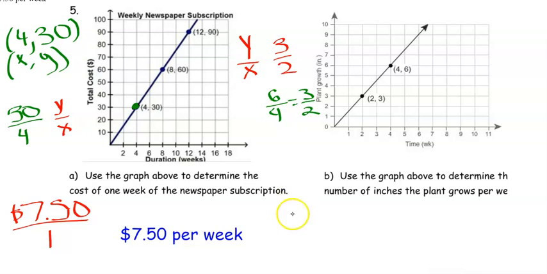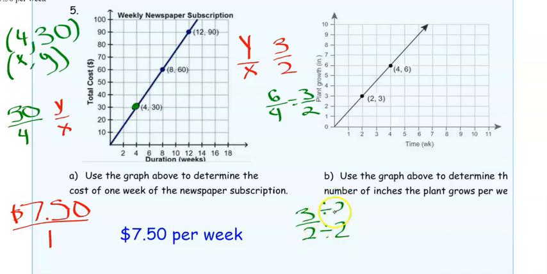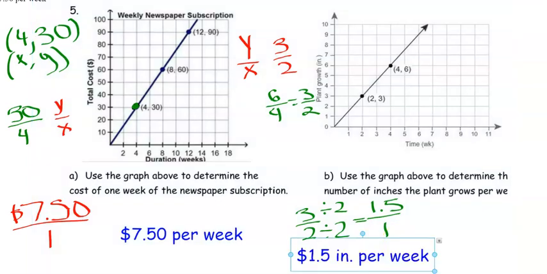If I'm looking at 3 over 2, and we're finding that unit rate once more, we end up figuring out that we get 1.5 over 1, meaning in 1 week, the plant grows 1.5 inches. So there goes our answer, and that's pretty cool. With this plant growing 1.5 inches every single week, imagine if your plant at home grew that fast.